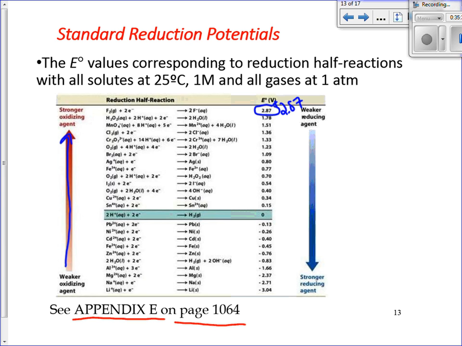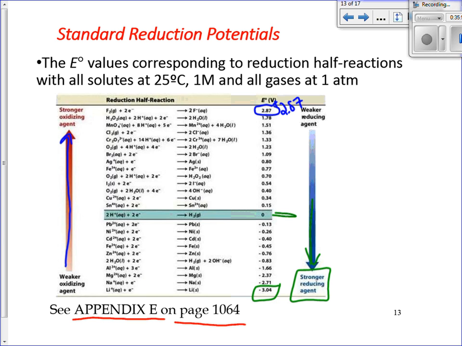Over here, as you see, here's hydrogen's baseline of 0. But as you go down here, the stronger reducing agents have values that are all negative. So they're better at being oxidized rather than being reduced, so their reduction potentials are negative.